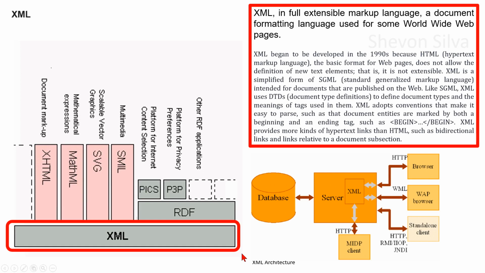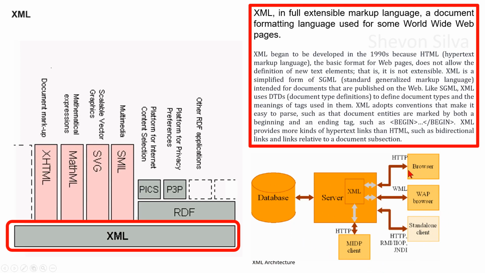XML provides more kinds of hypertext links than HTML, such as bidirectional links and links relative to the document subsection. Here you can see XML architecture.